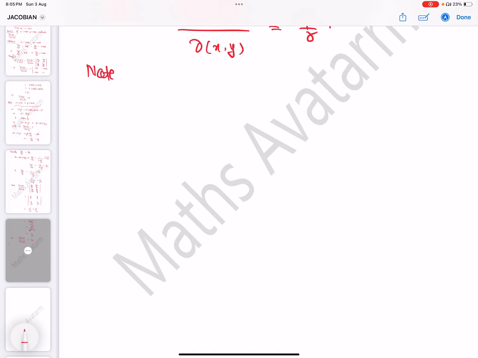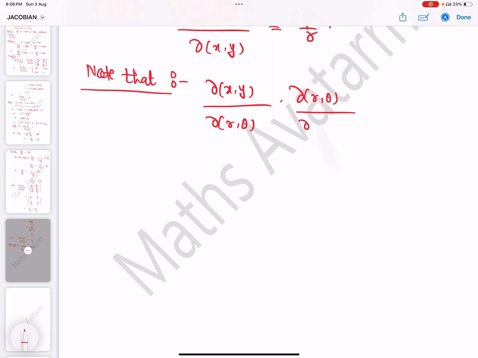Note that del(x, y) upon del(r, theta) was r, and this is r only, so the product goes to 1. Such things happen; we will show it later on as a property.